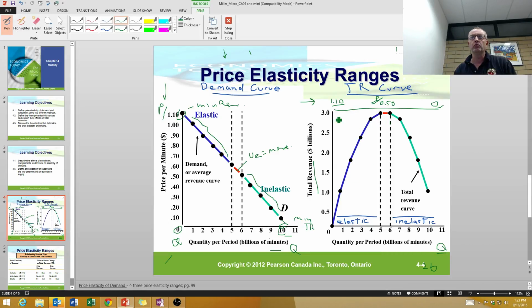So when I see this price axis on the total revenue line, it makes a whole lot more sense to me, because I intuitively know that as the price declines, the total revenue increases to the point of unitary elasticity, and as the price continues to decline, the total revenue starts to decrease. And this is just what we said before.